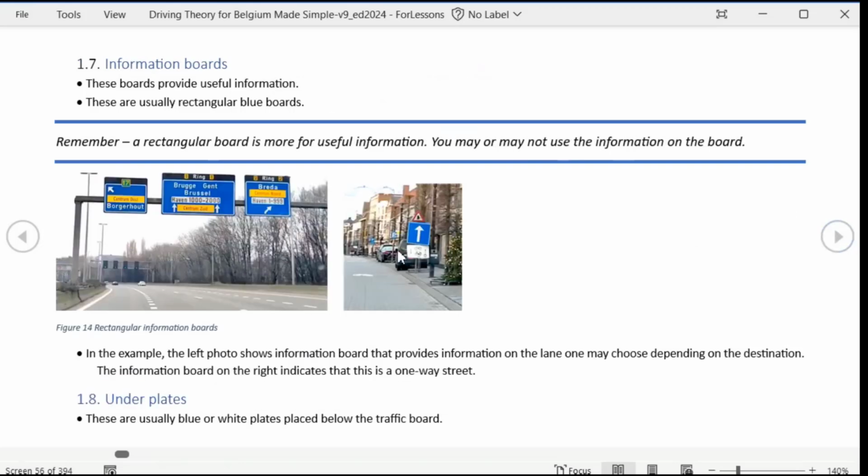The last one is the information board. As we discussed, these are rectangular blue boards which give you more information. You are free to follow or you're free to ignore these boards. Then there are under plates. These are usually blue or white plates placed below the traffic board.